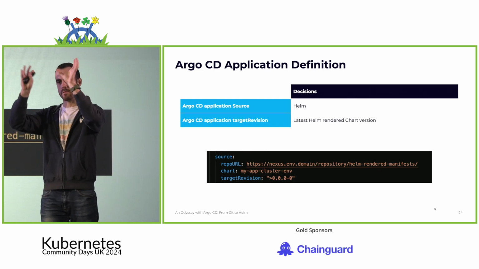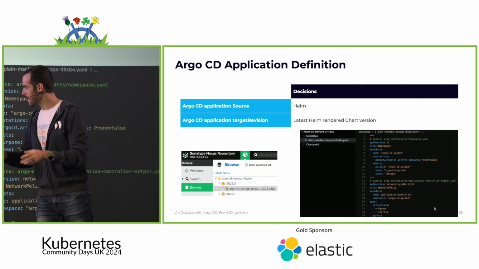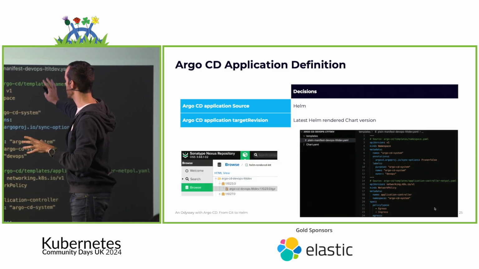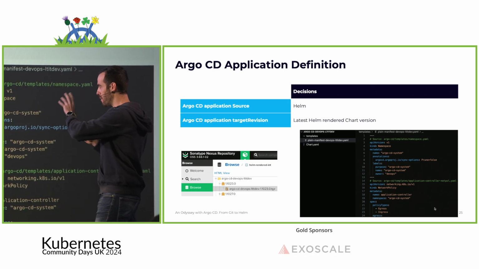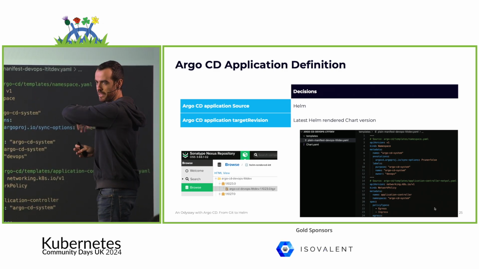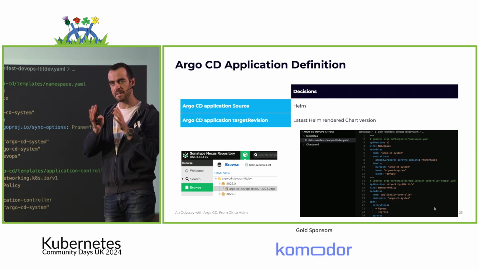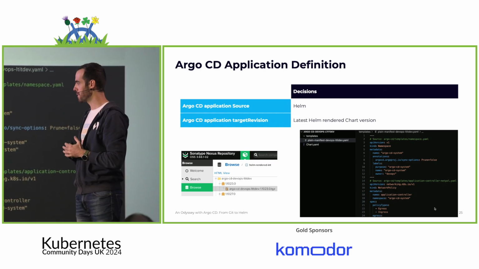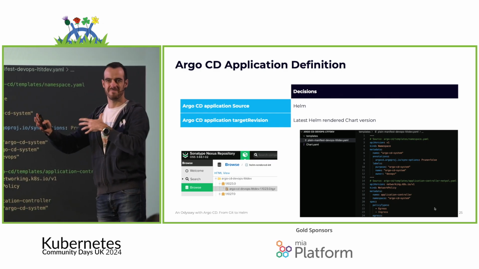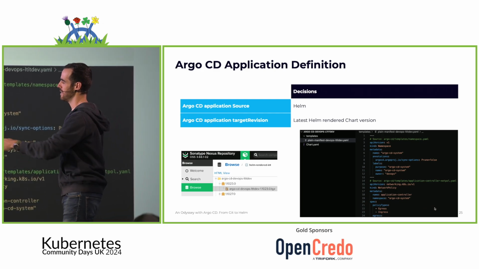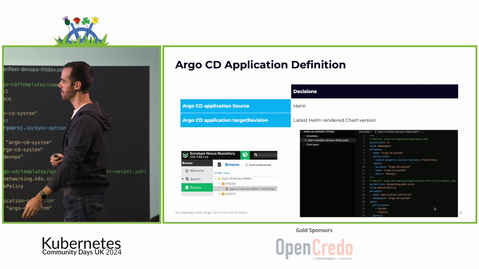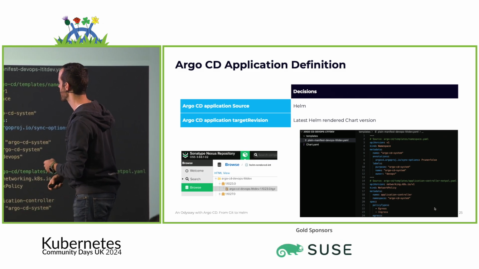It just points to a Helm chart that includes exclusively already rendered manifests. It's just a plain YAML manifest with all the objects already rendered with only the values that it needs. So it's a Helm chart, yes, but a really simple one. And you can see in our Nexus how that looks.